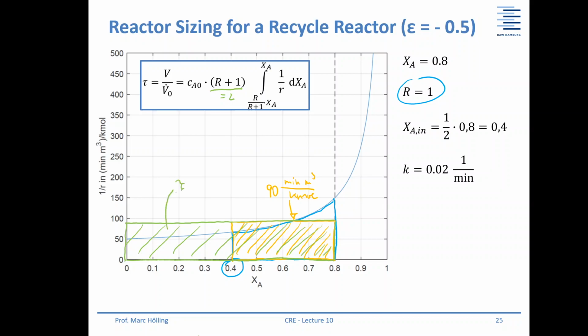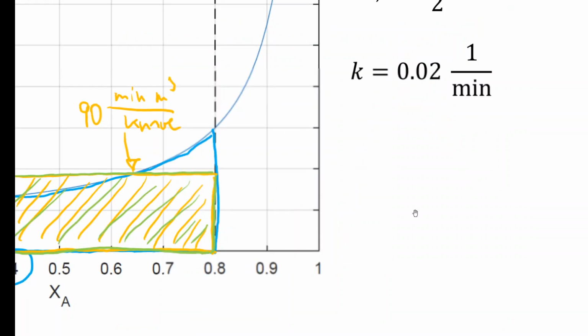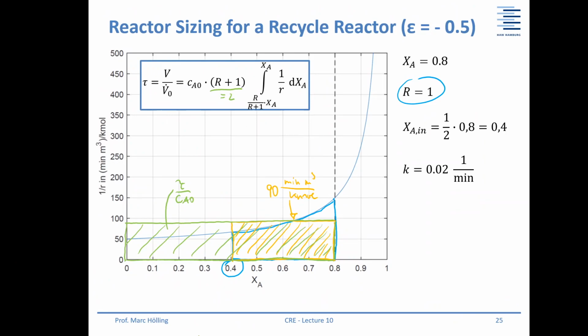So here this should be residence time over CA0. If we now want to calculate this: CA0 times R plus 1 times your conversion difference 0.4 times this 90 minutes cubic meters per kilomole.